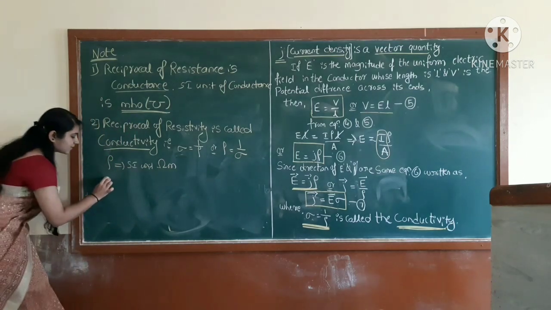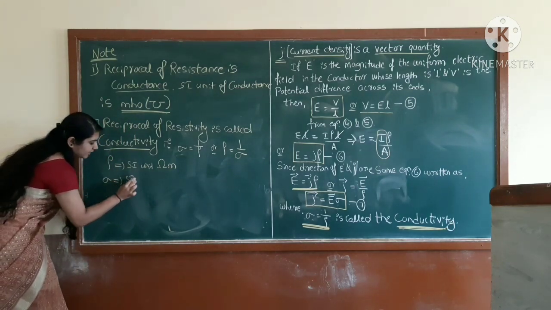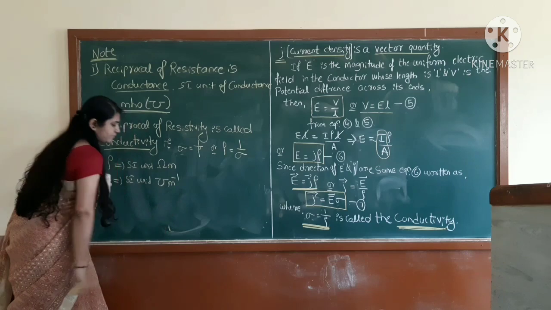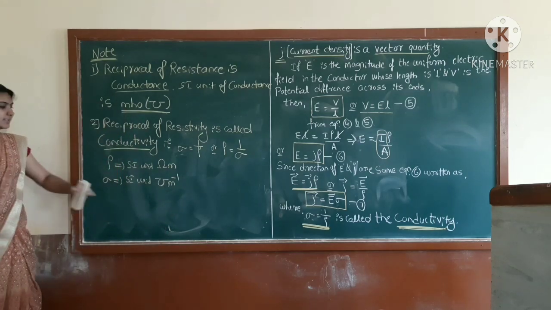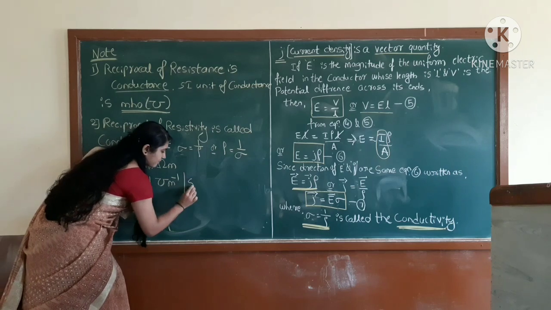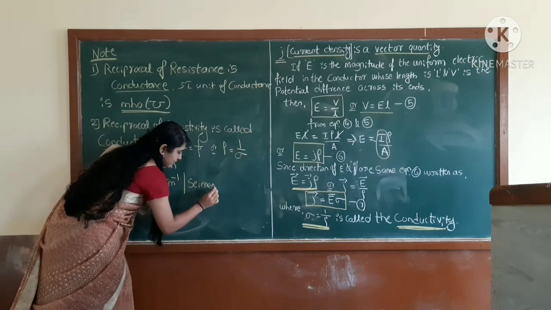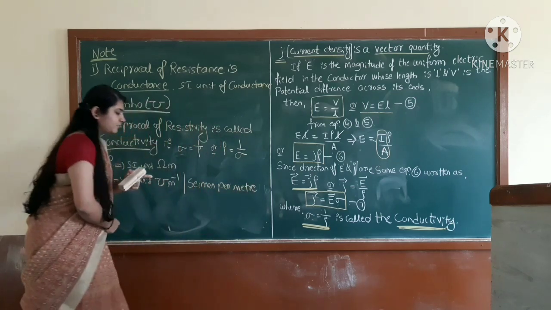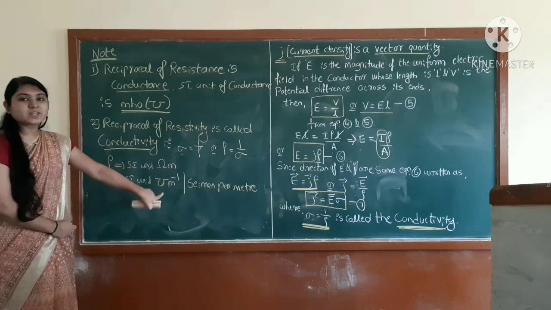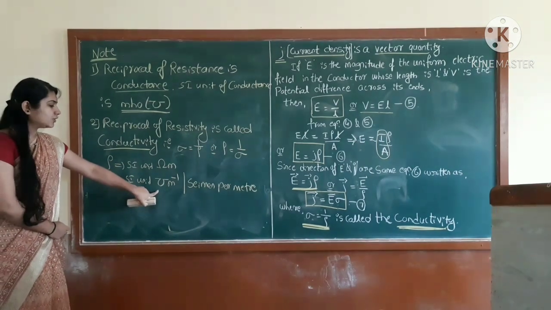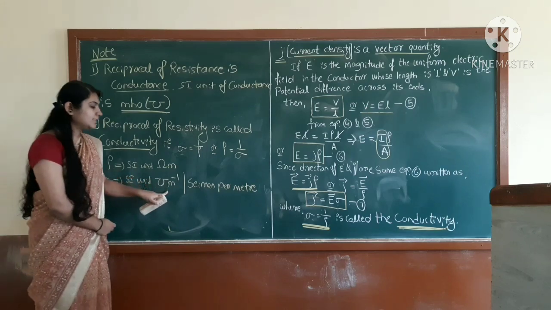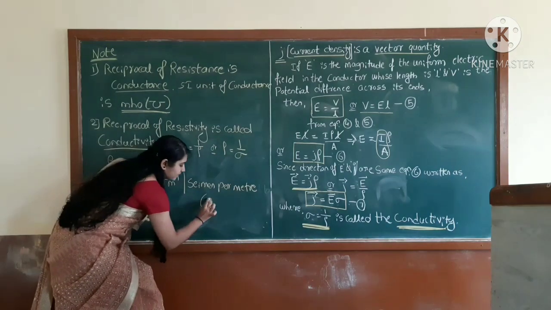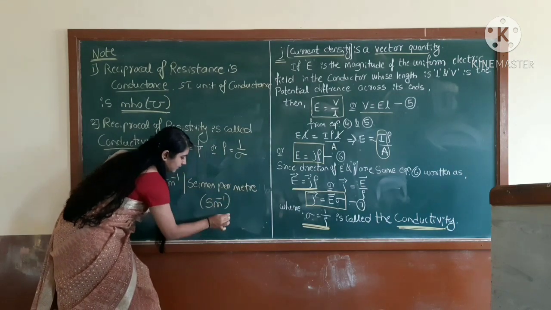But for conductivity, the SI unit you can also write as S m raised to minus 1.